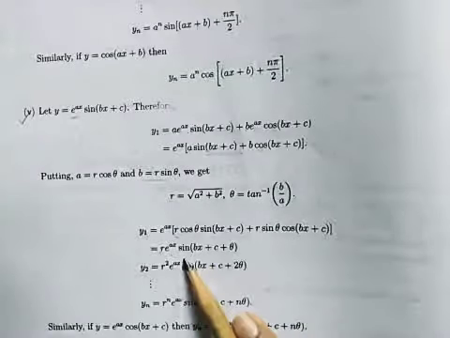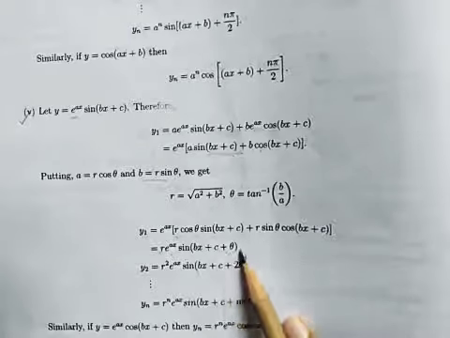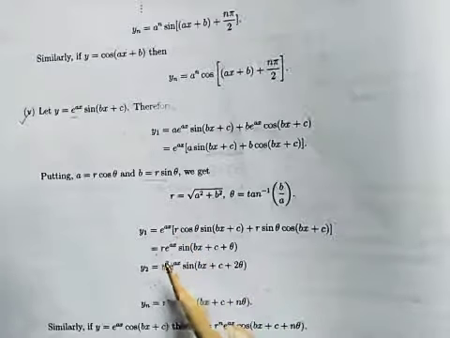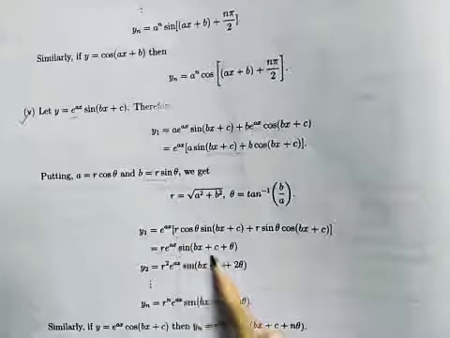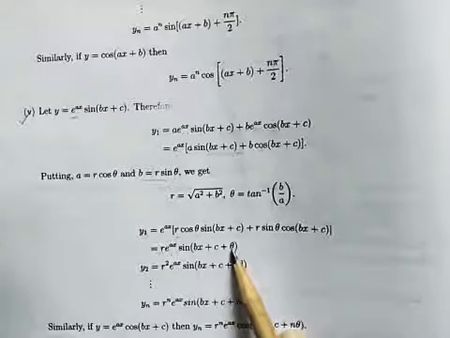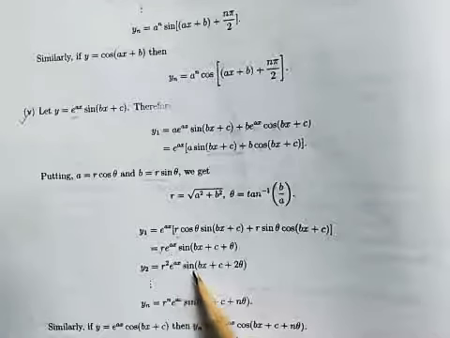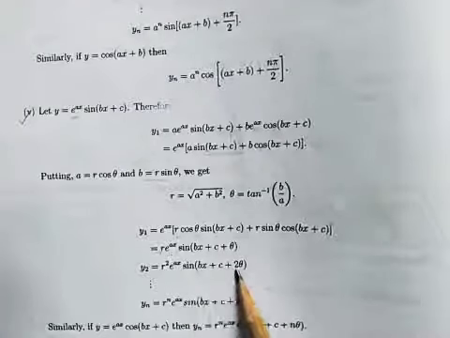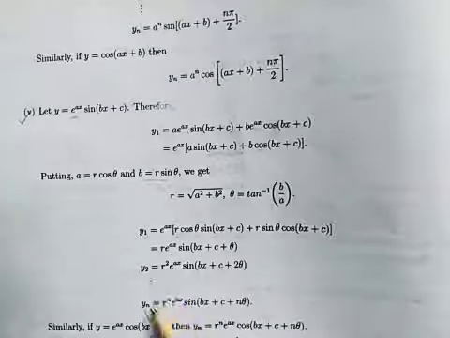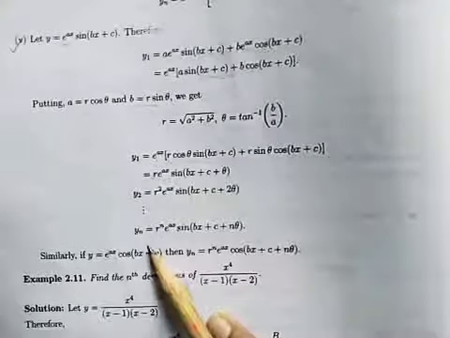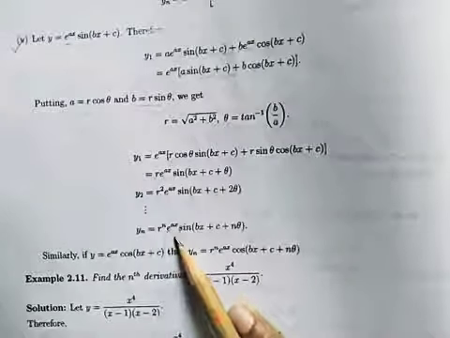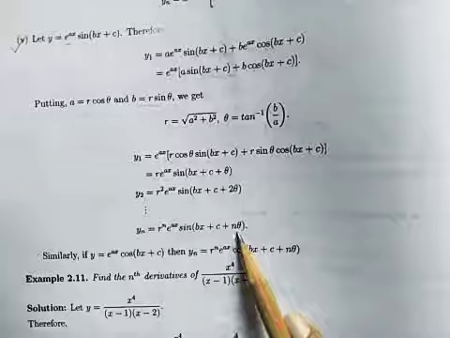So we get sin(bx plus c plus theta). Okay, so y1 is r e raised to ax sin(bx plus c plus theta). Similarly, we will get y2 as r square e raised to ax sin(bx plus c plus 2 theta), and in a similar way we get yn as r raised to n e raised to ax sin(bx plus c plus n theta).